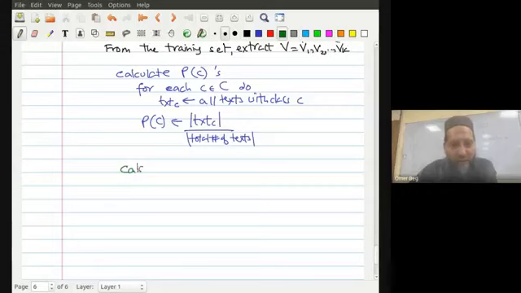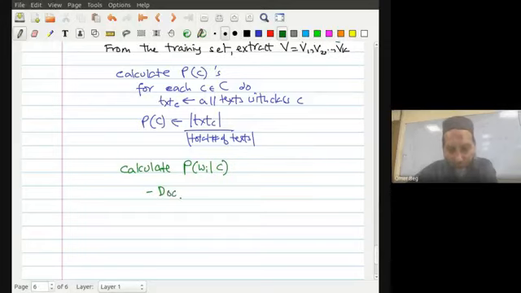So the next thing will be, sorry, how about the conditional probabilities? We want to be able to calculate the probabilities for each word i given some class. In here, we are going to be creating separate documents.